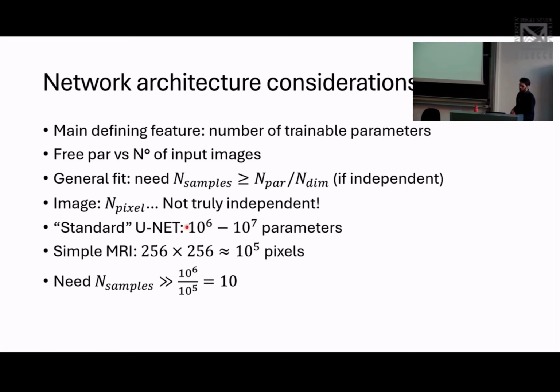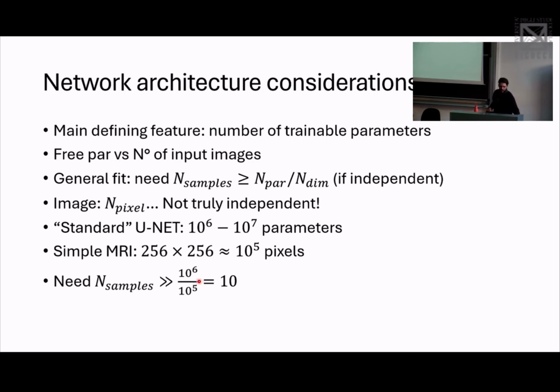A standard UNet will have between 1 million and 10 million parameters, and a simple MRI after cropping and some resizing will have 10 to the 5 pixels. So the number of samples that you need for a network with 1 million parameters is much greater than 10, but not something like 1 million, because each individual image brings really a lot of information.